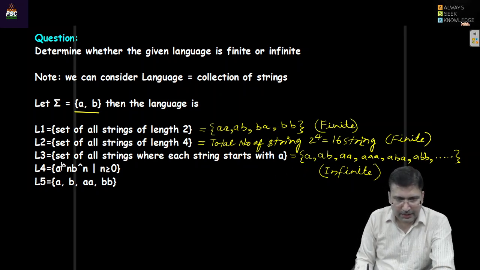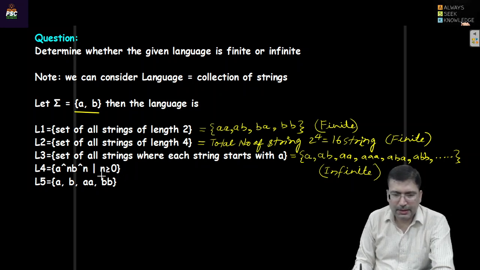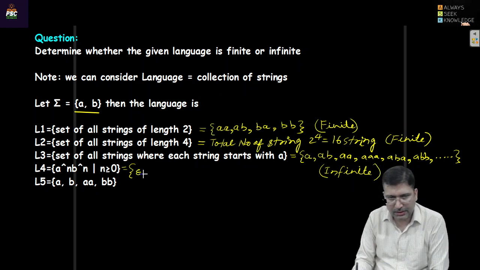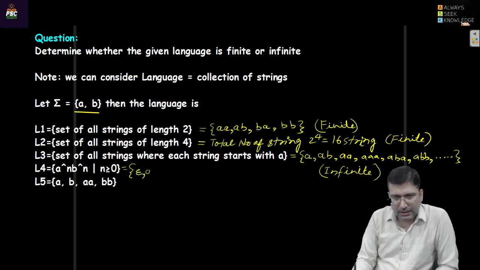Now if we talk about a to the power n, b to the power n, where n is greater than or equal to 0, it clearly shows that it can generate the null string, which we represent with epsilon. If n is equal to 1, it will generate AB. If n is 2, it will generate AABB. When n is 3, it will generate AAABBB, and so on.